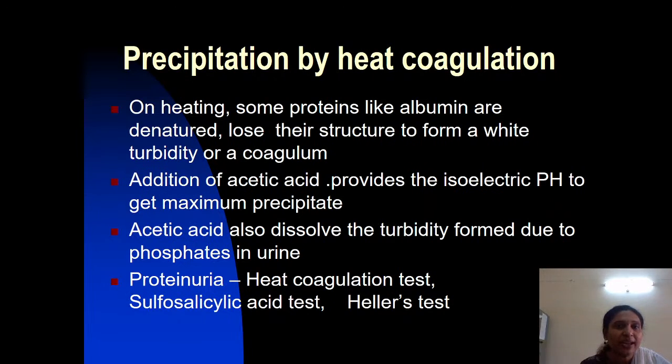Proteinuria is nothing but proteins in the urine. Under normal healthy conditions, there is no excretion of proteins in the urine. Only in pathological, abnormal conditions do proteins start to be excreted through urine. So proteinuria can be detected by the heat coagulation test.